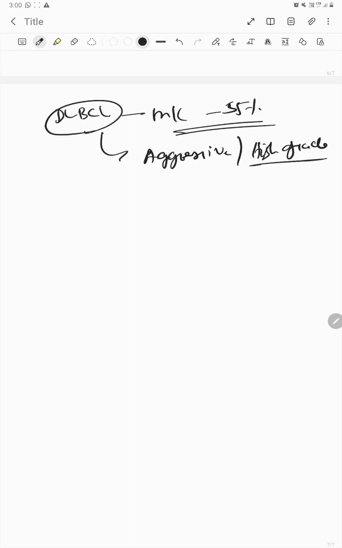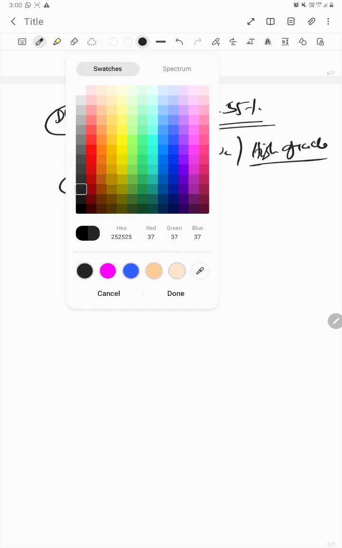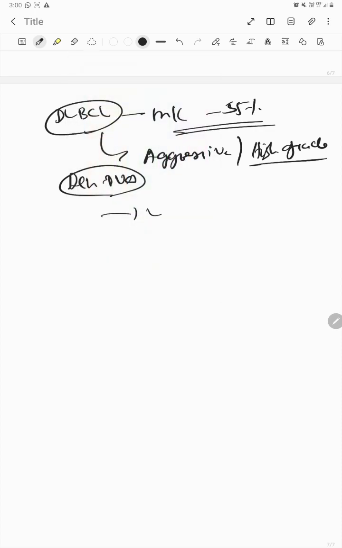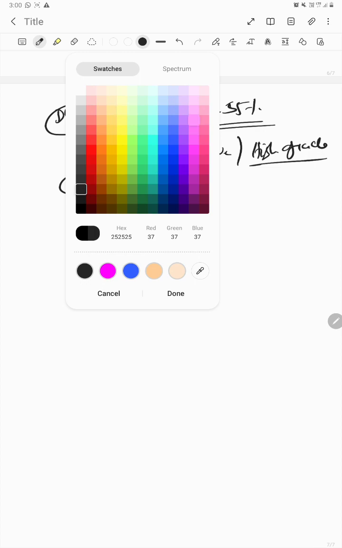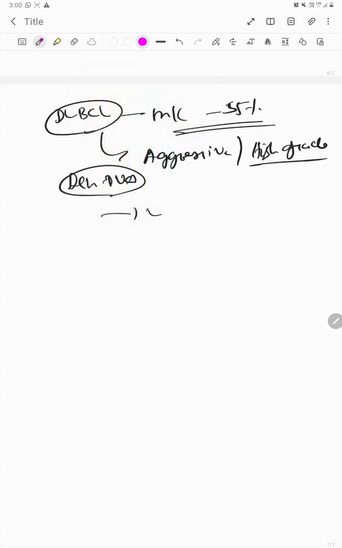It arises de novo, or it can be seen in CLL or follicular lymphoma or myeloma.